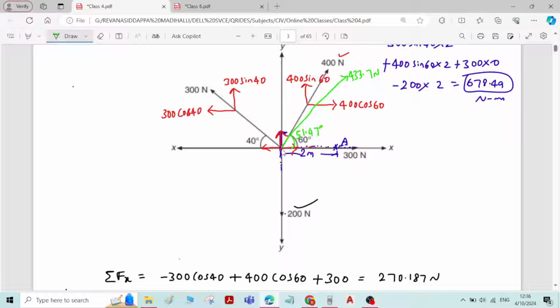If I write the horizontal and vertical components, the horizontal component will be 433.7 cos 51.47, and the vertical component will be 433.7 sin 51.47.